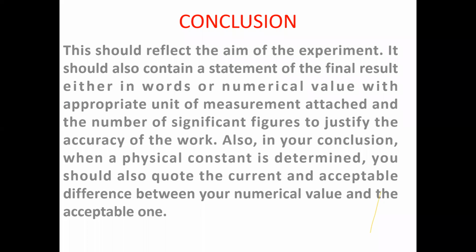For instance, the experiment to determine the acceleration due to gravity. You can say at the end of the experiment, the acceleration due to gravity was gotten to be 9.2 meters per second squared, or 10 meters per second squared, or 11 meters per second squared.